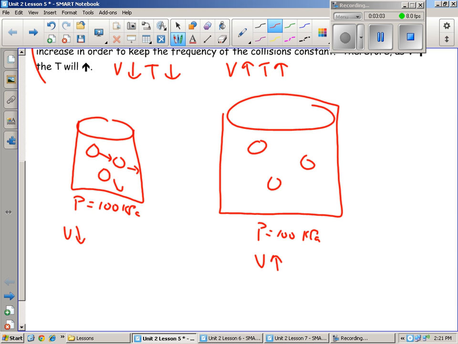How am I going to keep the pressure the same? Well, look, guys, if the volume's small, how many collisions am I going to have? How far do these have to go before they bump into the side of the container or each other? Probably not very far, yes? The volume's small, right? So, if the volume's small, we don't need a lot of energy to keep that pressure there, basically, to keep a pressure of 100. In this case, the volume's quite large.